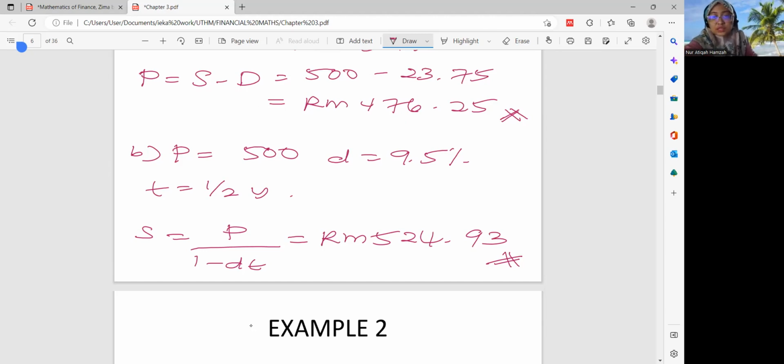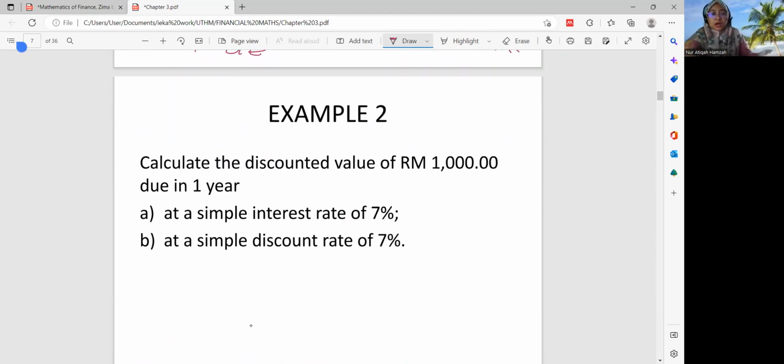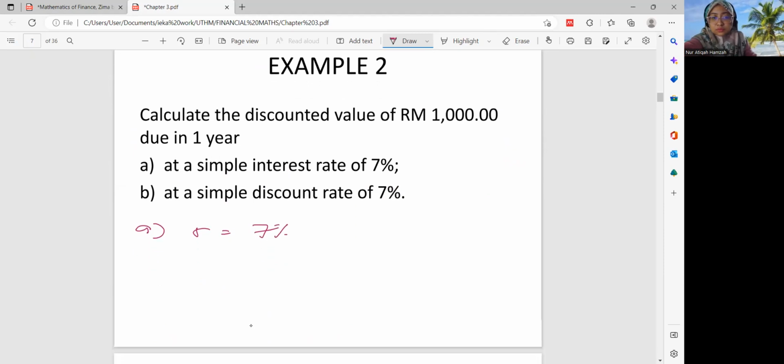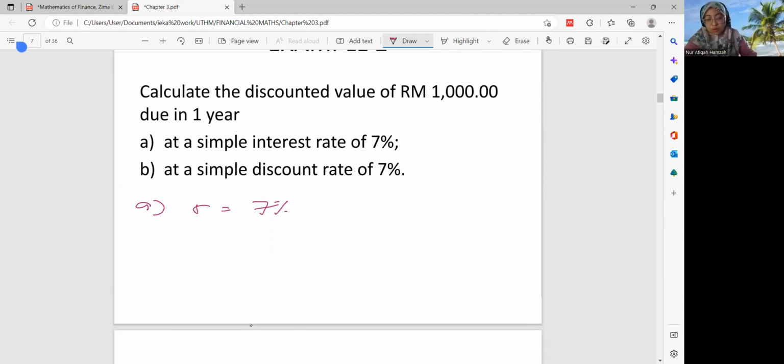Next example. Calculate the discounted value of 1,000 ringgit due in 1 year, A, at a simple interest rate of 7%, and B, at a simple discount rate of 7%. For A, simple interest rate, our r is 7%. We want to find P is equal to S over (1 plus rT).